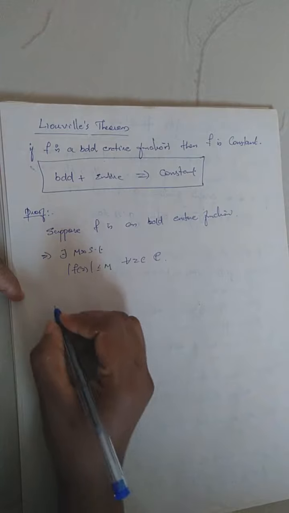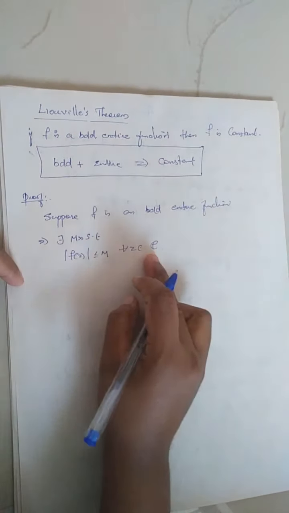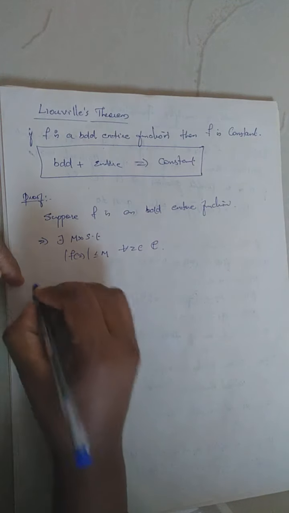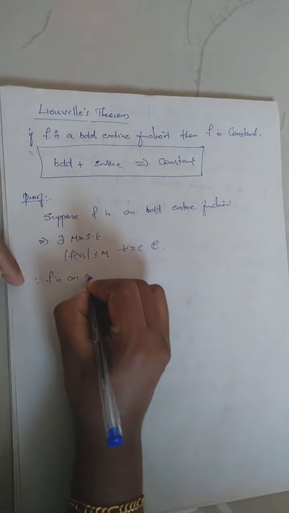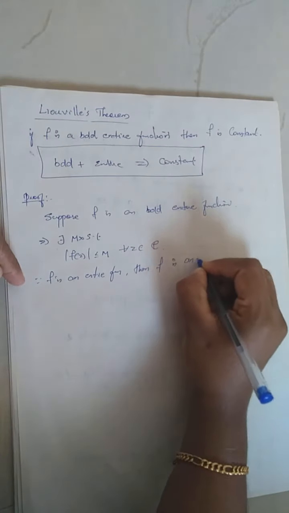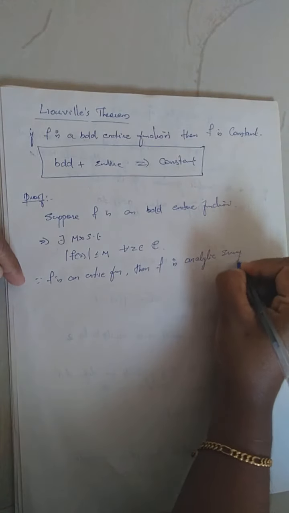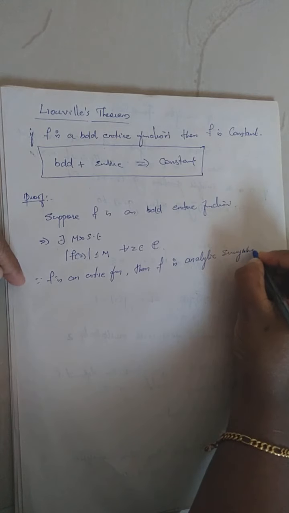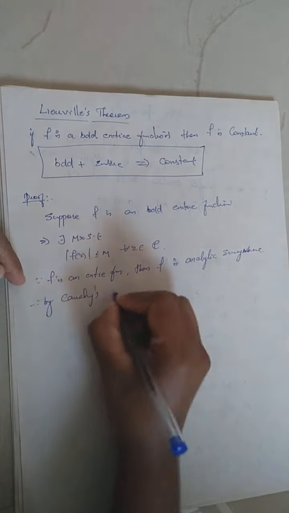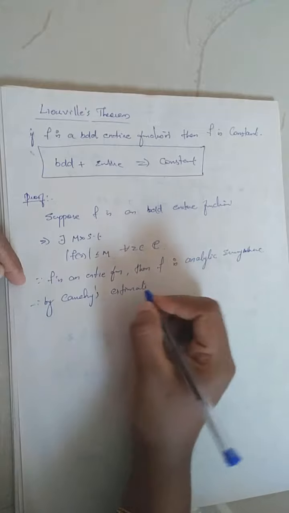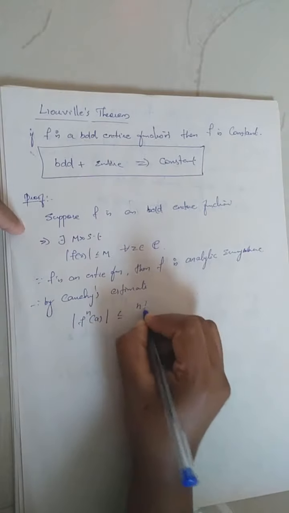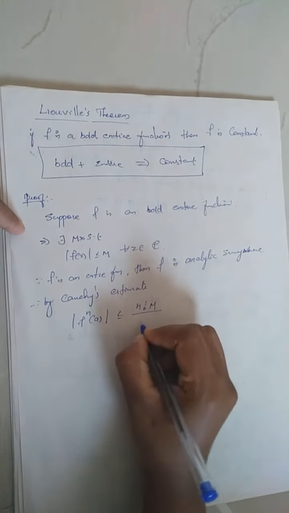Since f is an entire function, f is analytic everywhere. So when you have an analytic function, we can use Cauchy's estimate. Therefore by Cauchy's estimate, the modulus of the nth derivative of f at a will be less than or equal to n factorial times M divided by r raised to n.